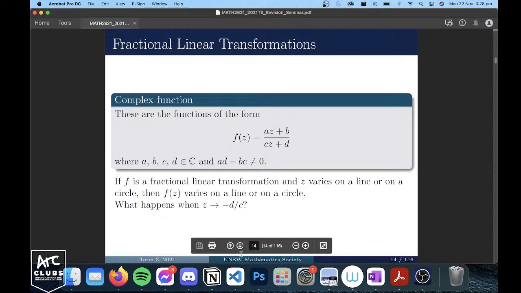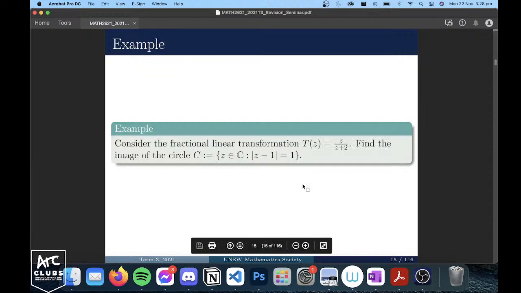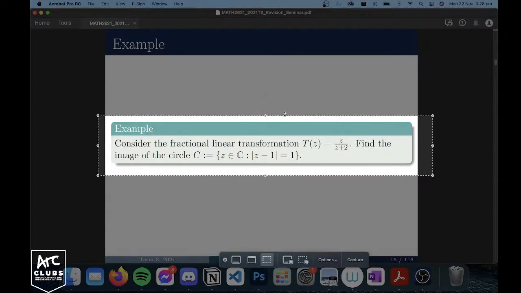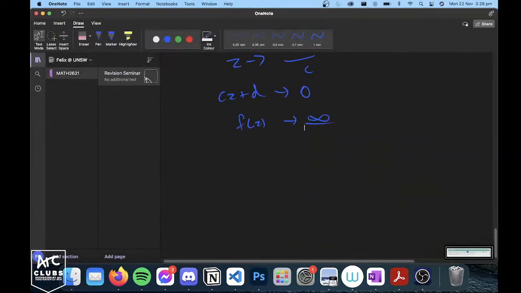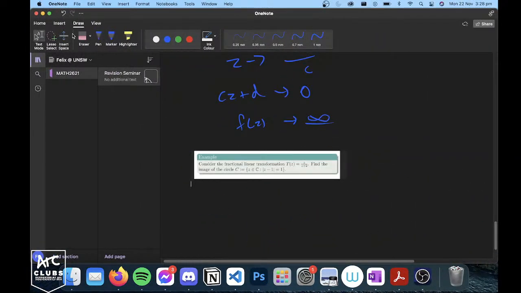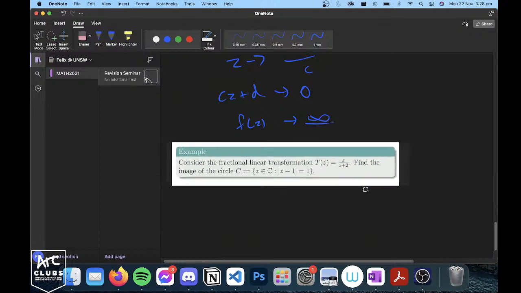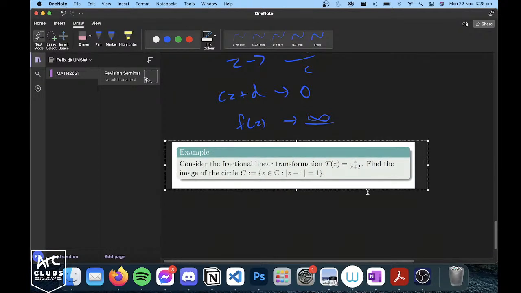Okay, so let's do an example. This one's spicy. So the first check that you generally do is checking if it's bounded or not, just to figure out whether it's a circle or line, which sometimes really helps.